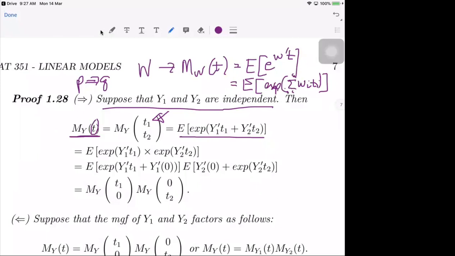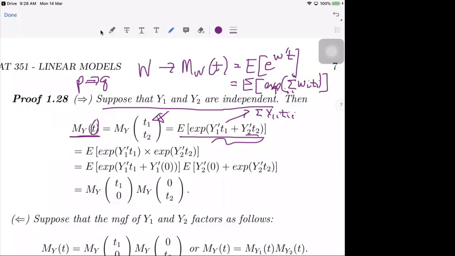So similarly, you can write it as the summation of y. Okay? So actually, this is a summation of y1i t1i, i from 1 to p, and this is also a summation.